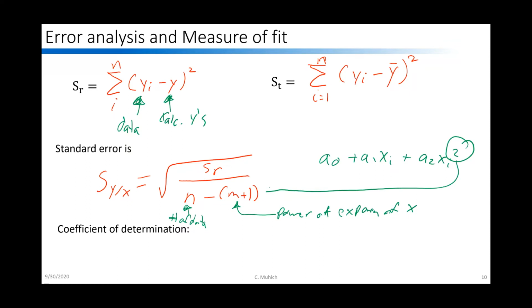This 2 would be m. If I was fitting a cubic form, that m would be a 3, to the 4th power 4, etc. So in this standard error, I have my sum of residuals. I have how much data I used to calculate my fit, and then I have information about how many powers I fit this to.